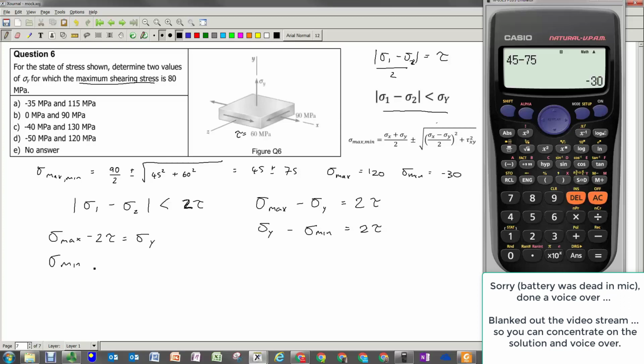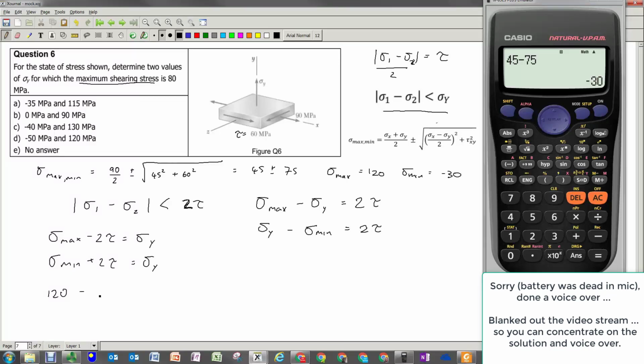So here I am rearranging the equations, and I'm going to look for these two possible solutions. So let's do our first equation.